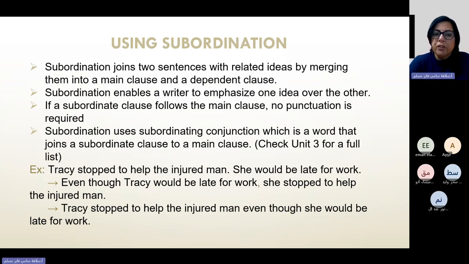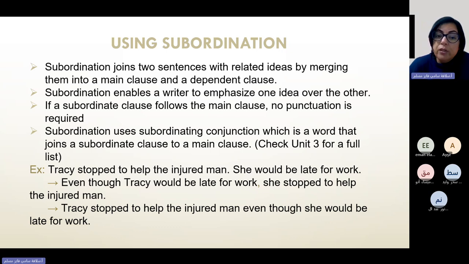Using subordination. Subordination joins two sentences with related ideas by merging them into a main clause and a dependent clause. So the one before it, coordination, joins two independent clauses. Subordination, from its name, subordinate, means something that depends on something else. They join one independent clause and one dependent clause. Okay? So one main clause, one dependent clause.